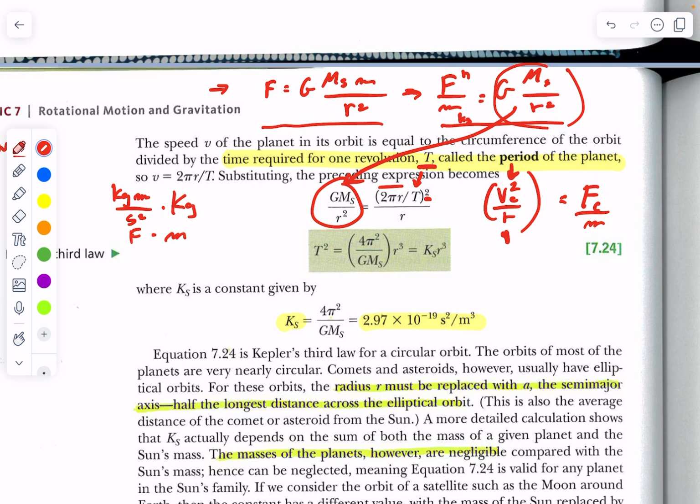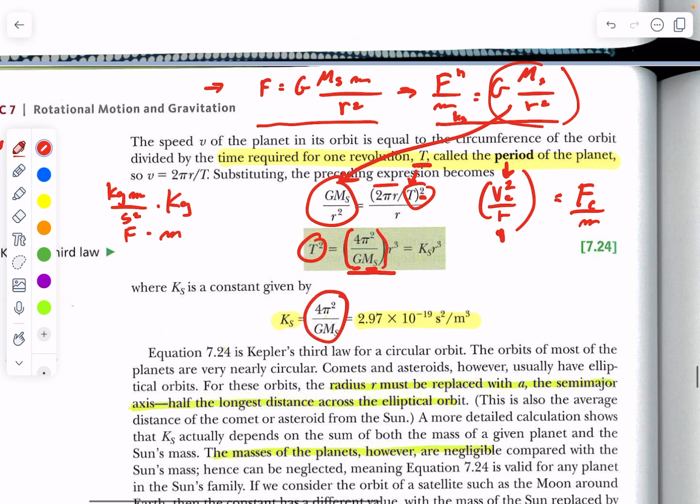when we then solve this equation for T squared, we get this mess right here, but we can simplify it because pi is a constant, G is a constant. As long as we're talking about our solar system, the mass of the sun is a constant. And all of those values together equal about 3 times 10 to the minus 19th.